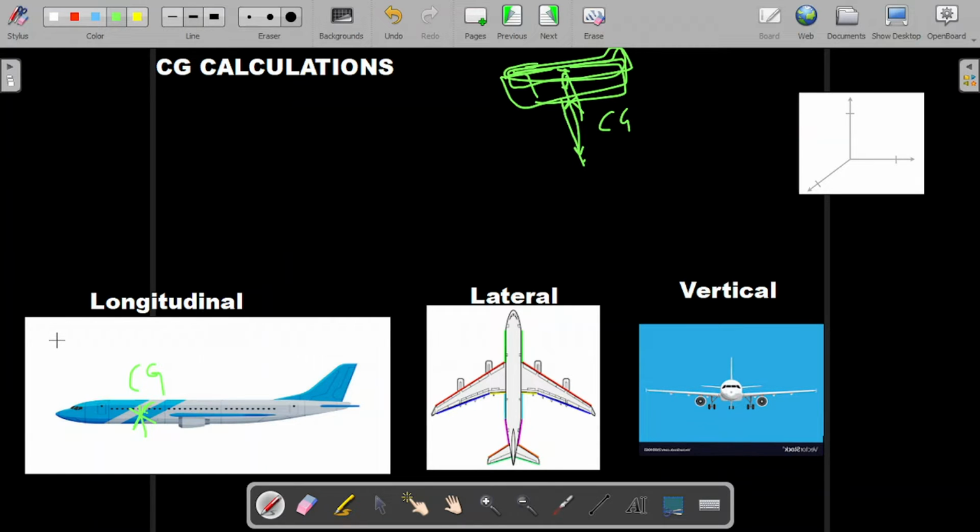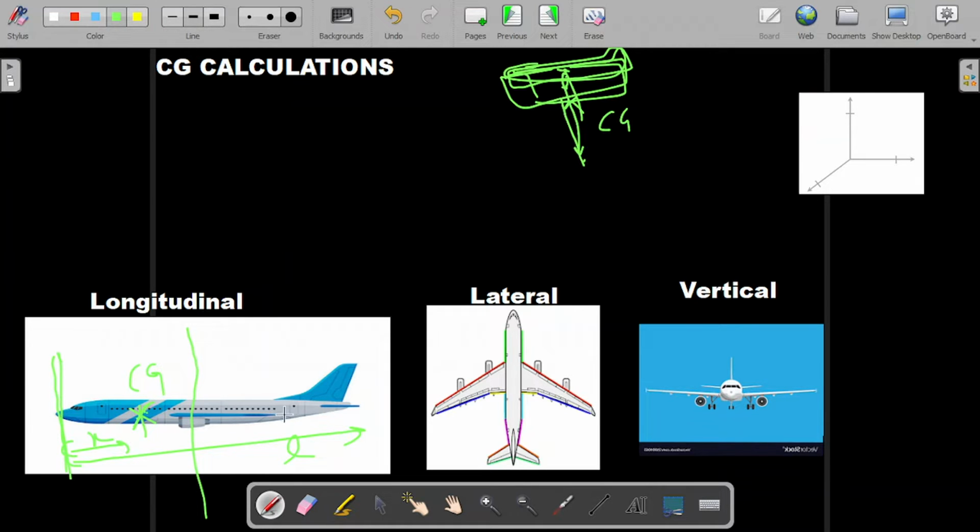Generally the reference is taken from the tip of the nose, and for calculation purposes it can be taken from the center of the body. So let's say the length of the aircraft is L, and from the reference there is a point X at which the center of gravity is, where the aircraft is balanced.